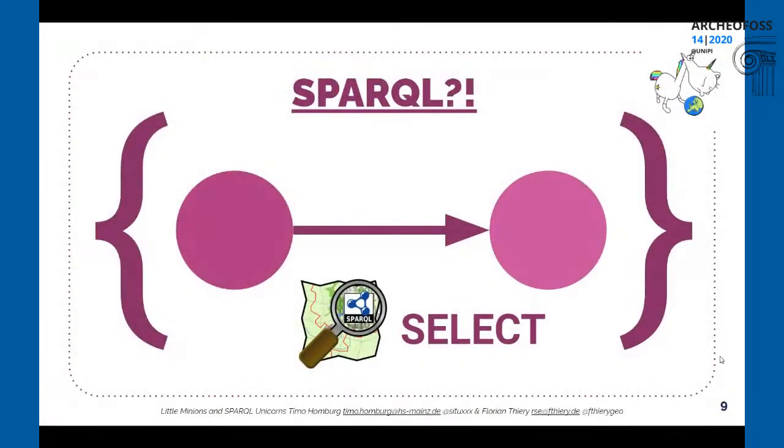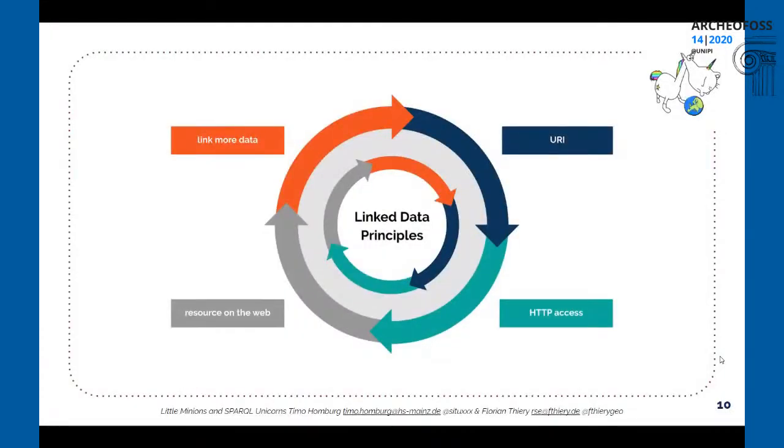You can use the Sparkle query language to query linked data, and basically what Sparkle does is get you the appropriate triples out of a huge graph, which we call the web of data, or the linked open data cloud. The linked data principles are as follows.